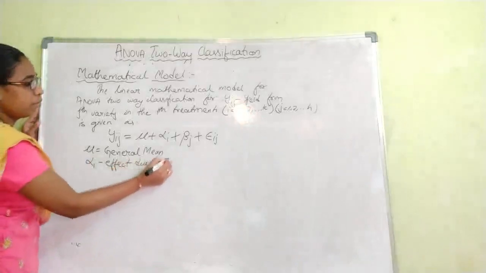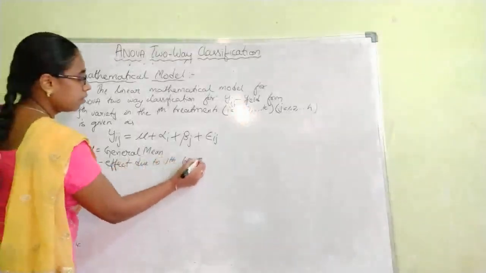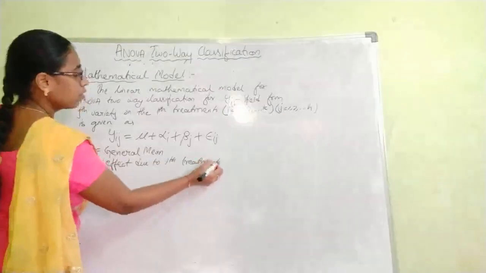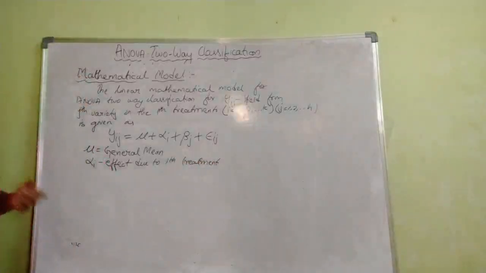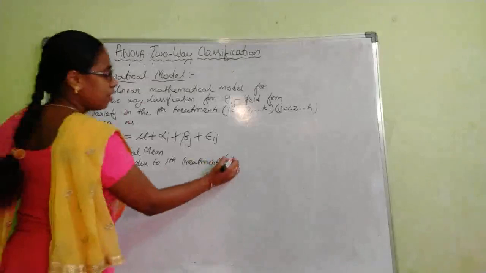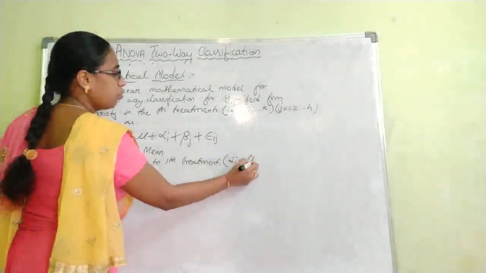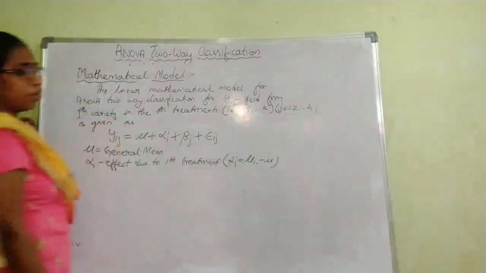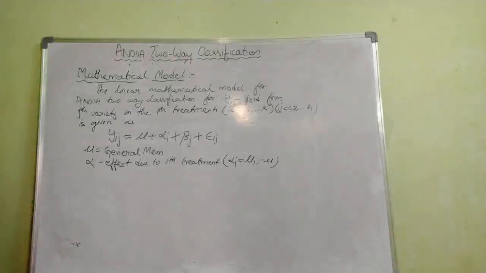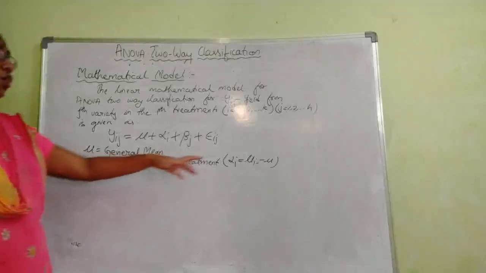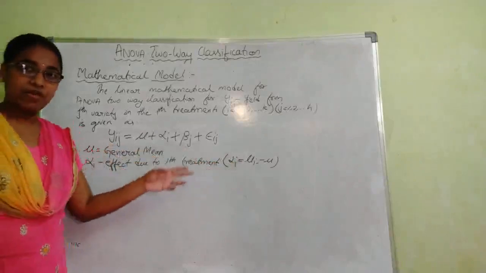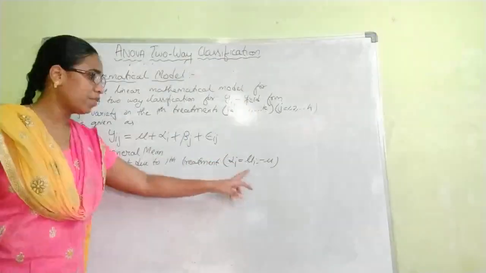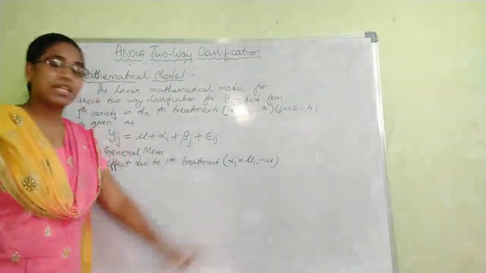Effect due to the ith treatment means, by applying the ith treatment, what is the increase or decrease in the yield of the crop. And we know alpha i equals mu i dot minus mu. In one-way classification we consider only mu i, but here we have two-way classification, that's why we write mu i dot minus mu.